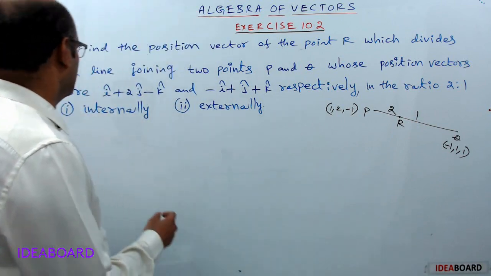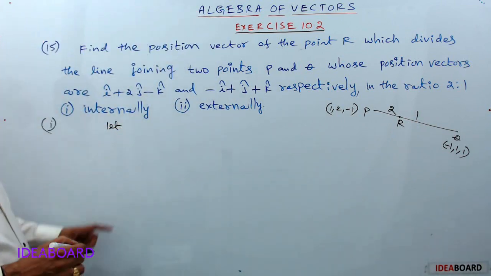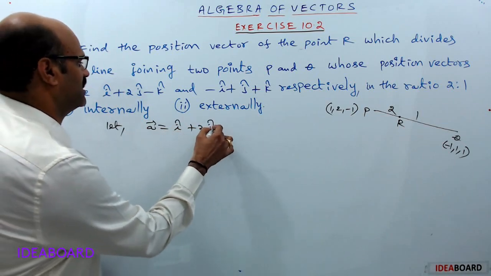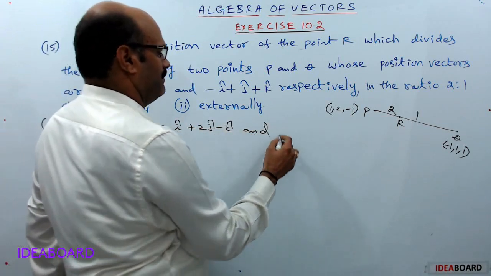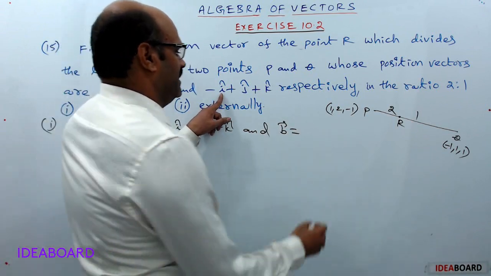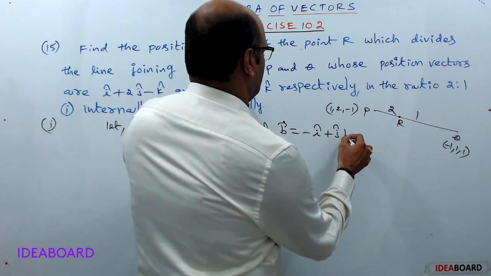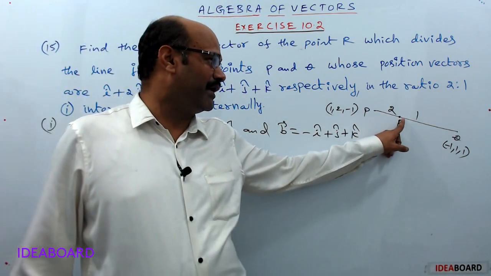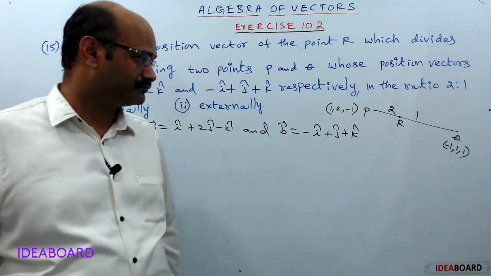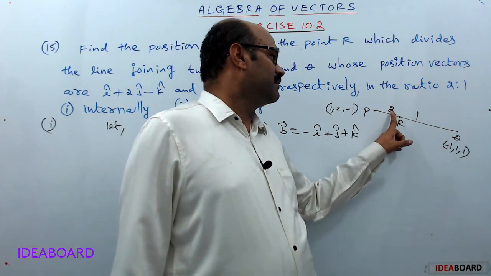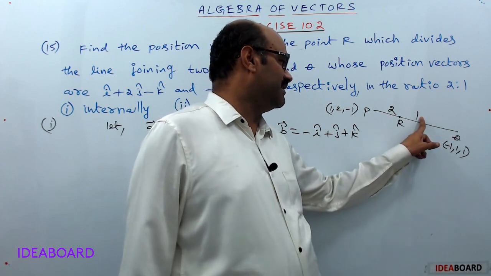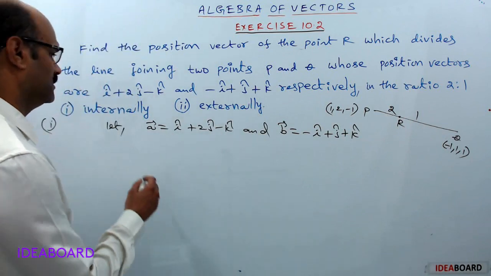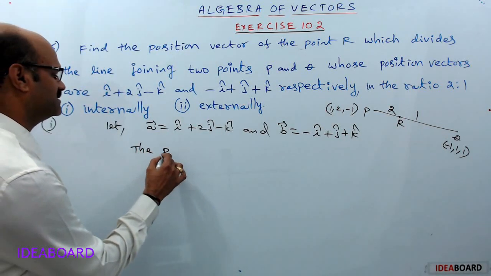Take it as A vector first. Let A vector equal i cap plus 2j cap minus k cap and B vector equal minus i cap plus j cap plus k cap. Now the position vector of the point R is given by the formula m b bar plus n a bar by m plus n.